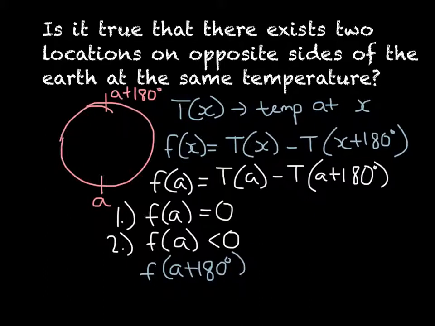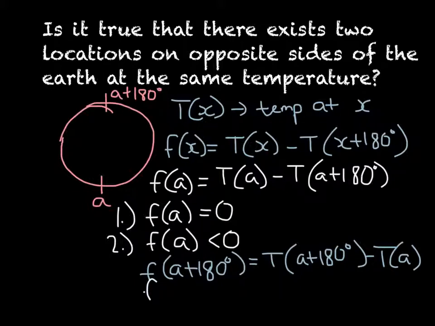So f of A plus 180 equals the temperature at that point minus the temperature at A. So if f of A was less than 0, then we know that f of A plus 180 must be greater than 0. And this makes sense because if this point is colder than this point, then you can also say that this point is hotter than this point.